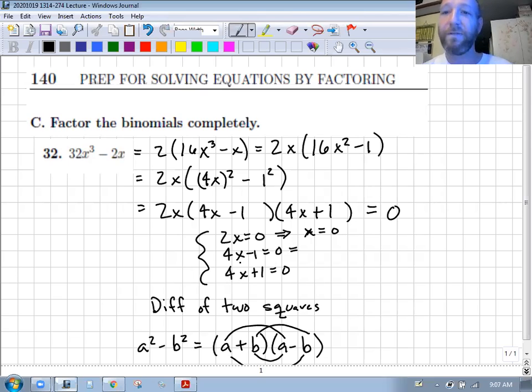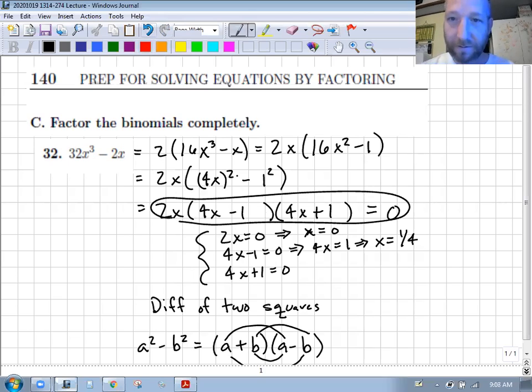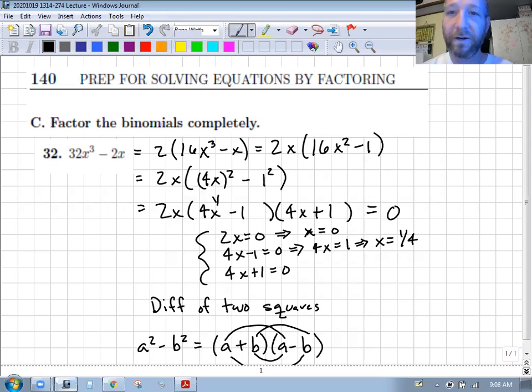You can see if you plug a 0 in for x, you'd get 0, right? The other one would be if this term was 0. Right? 0 times, doesn't matter what these two terms are, it would be 0. So we would have 4x equal to 1, or x equal to 1/4. So if you plug a 1/4 into this equation, you'd have a 1 minus 1 is 0.